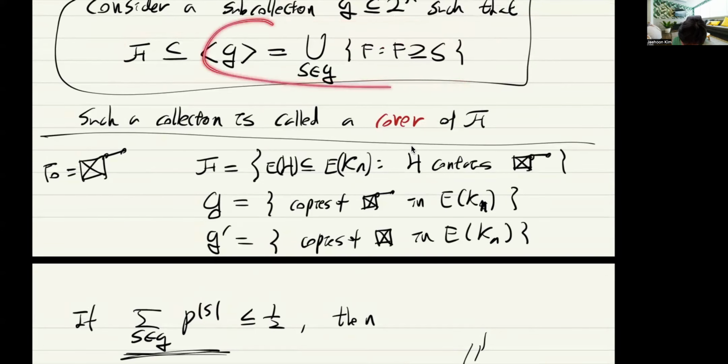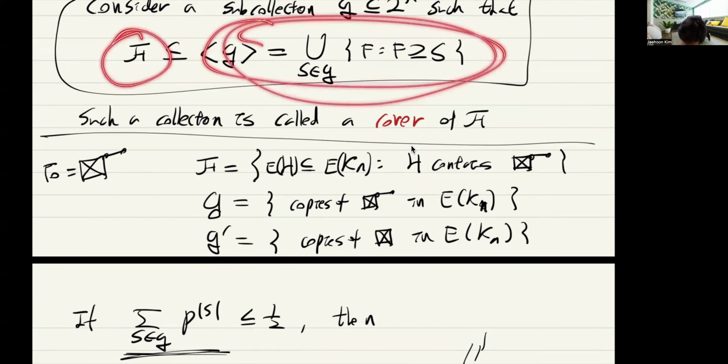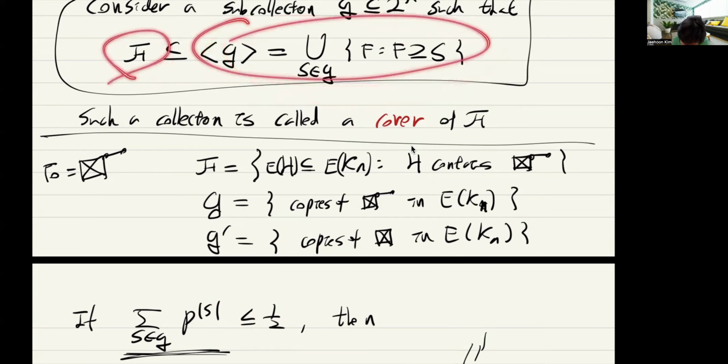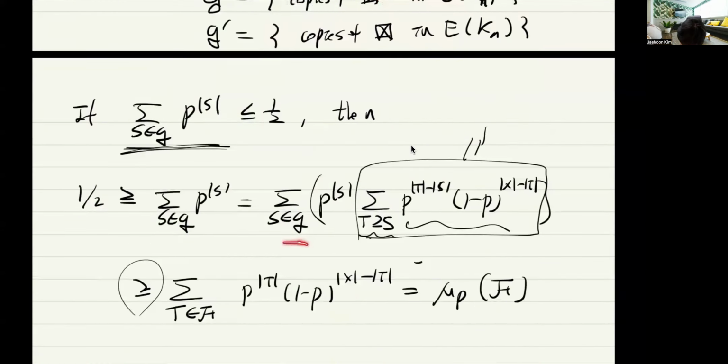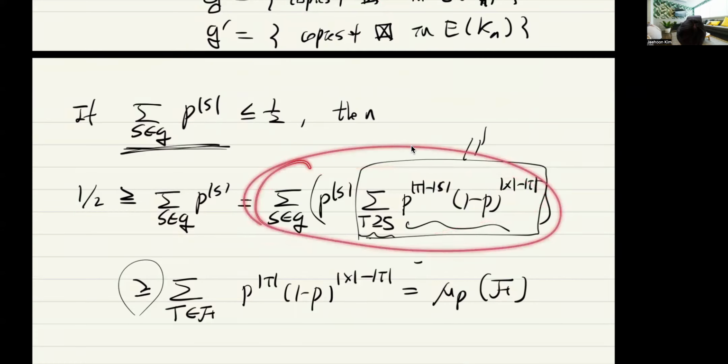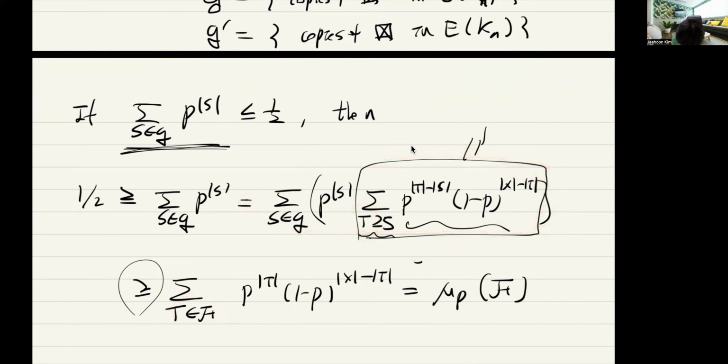So if we did this for all of this, then that covers everything in F and maybe more. So that's exactly what's being done here. It considers every T in F, and they are added at least once here. So you have this, that means your mu P is at least half.